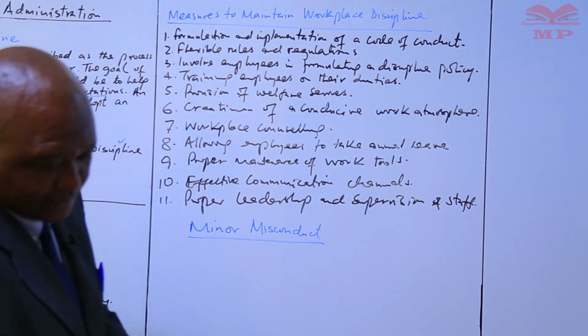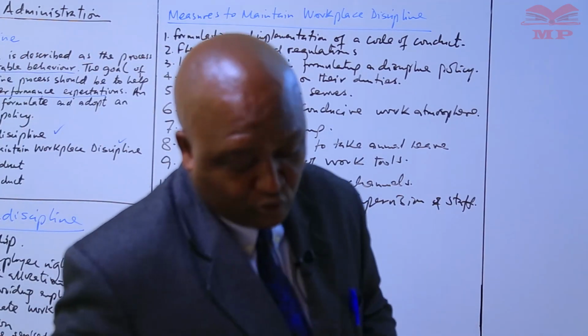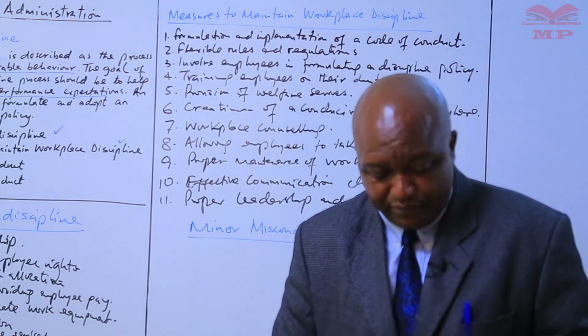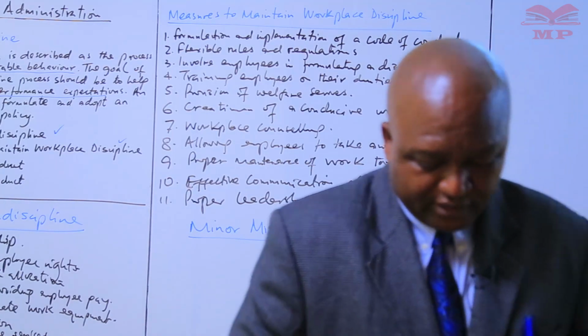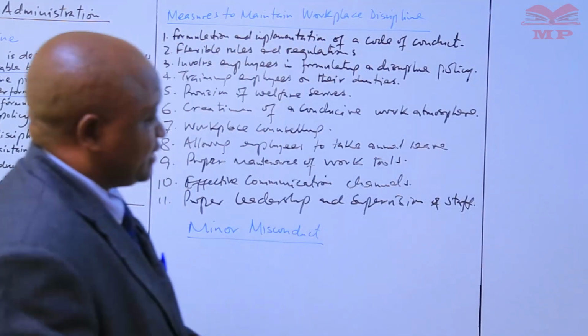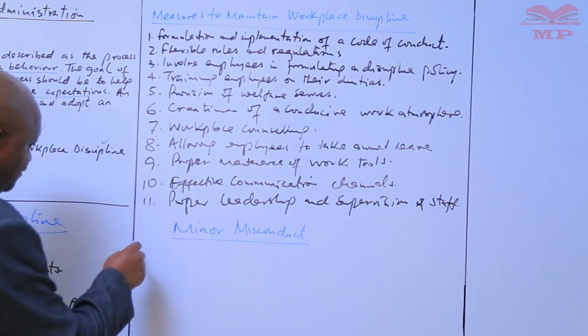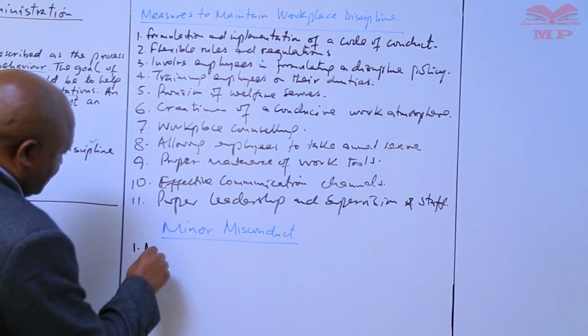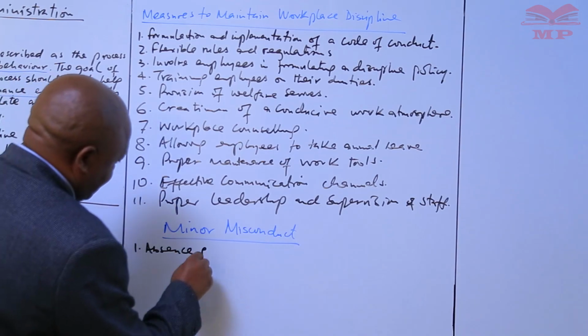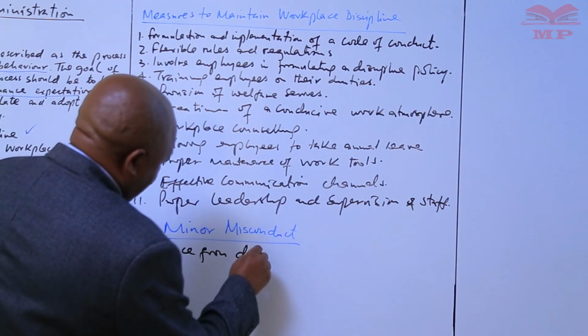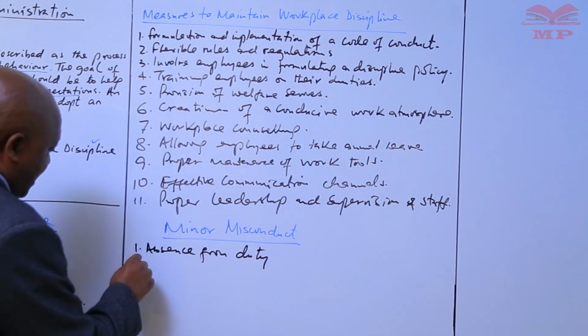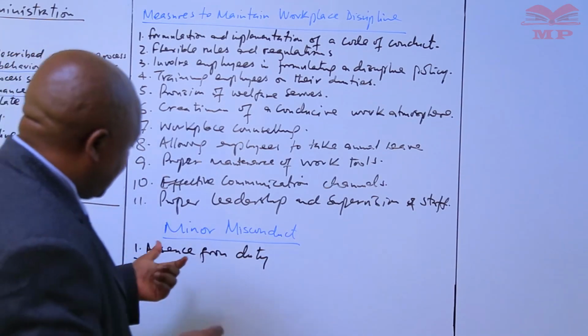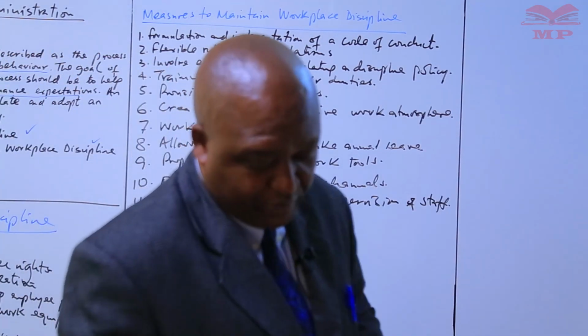So what are some of the aspects that may be construed to imply minor misconduct? You may have a situation where absence from duty could be one minor misconduct, and this absence is occurring once in a while. It's not perpetual, it's not perennial.